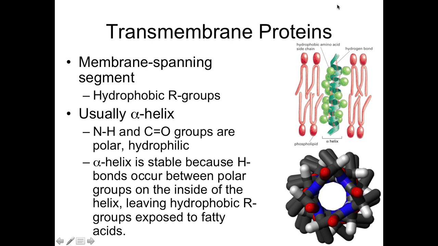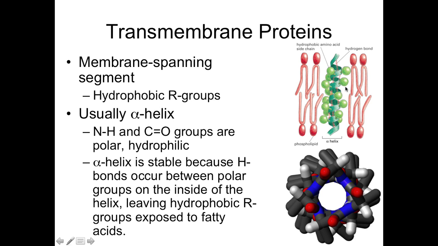And in fact, they're going to be repelled by the aqueous environment outside of the cell and the aqueous environment inside of the cell. So they're happy to stay embedded in the membrane, and there's nothing else holding them there except for hydrophobic interactions.